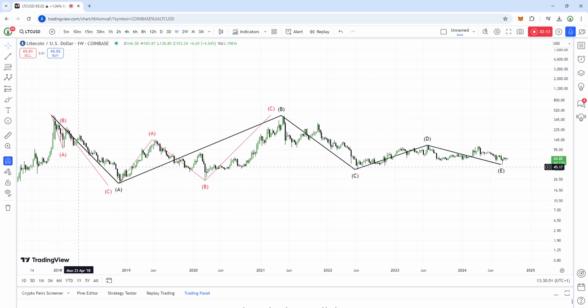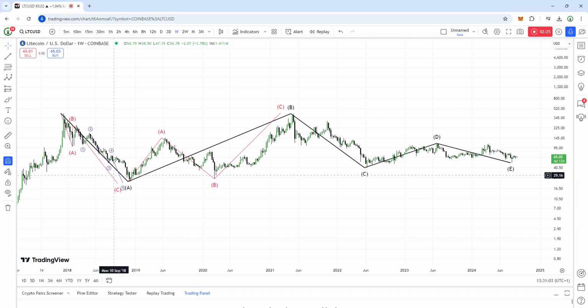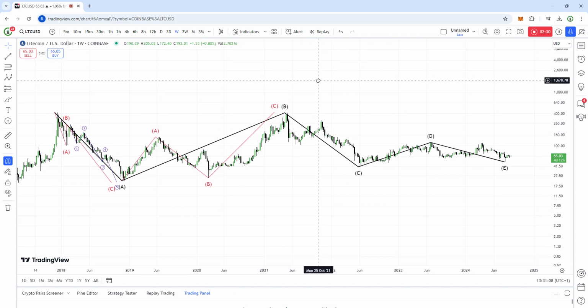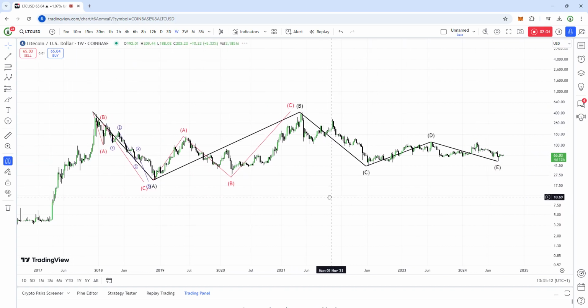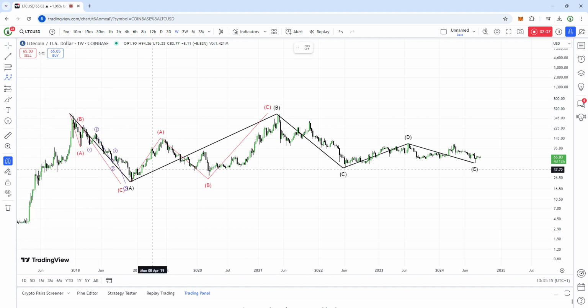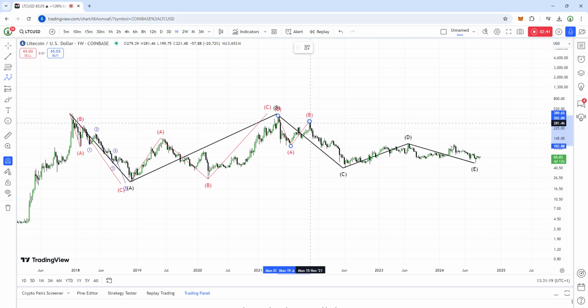This C leg here, you can call that a 5-leg structure, but really that's just to complete this C leg of the corrective phase. So you've got an ABC, an ABC, and then again in this C leg, you've got 1, 2, 3, probably with 5 legs down here.